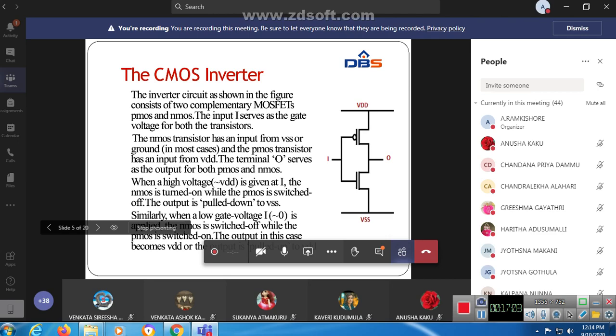So the chips from the same family can be interconnected to perform any desired logic function. That means whatever ICs come from the same family can be interconnected and perform any desired logic function.